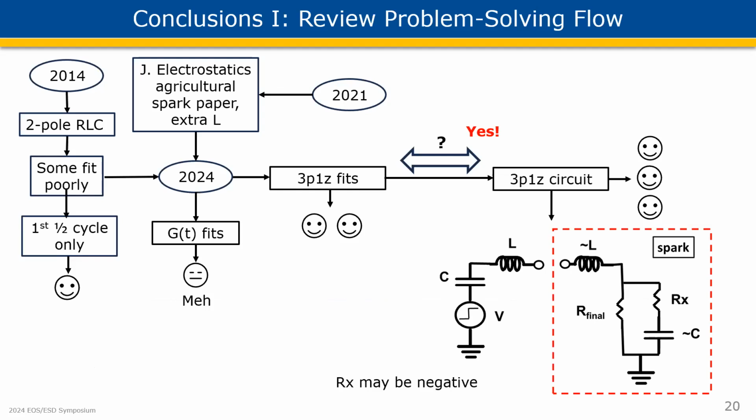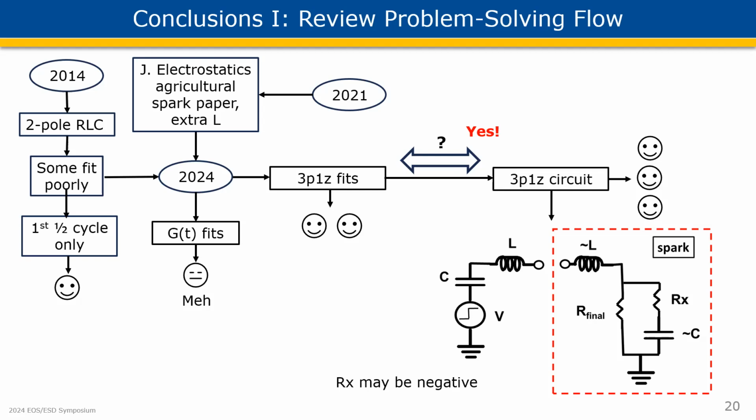Okay, let's review the problem-solving flow. You've seen most of this before. We started in 2013, 2014 with two-pole RLC fits to a lot of waveforms, but not all waveforms. And yet by 2021, we had a paper that gave us the courage to think about extra inductance in the spark itself with very different sparks, but unmistakable.